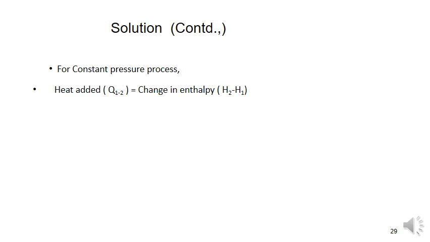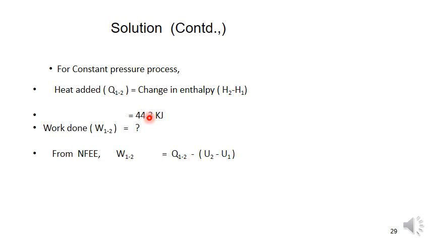For the constant pressure process, heat added is equal to change in enthalpy, so heat added is 44.3 kilojoules. Work done is W equal to Q minus (U2 minus U1).